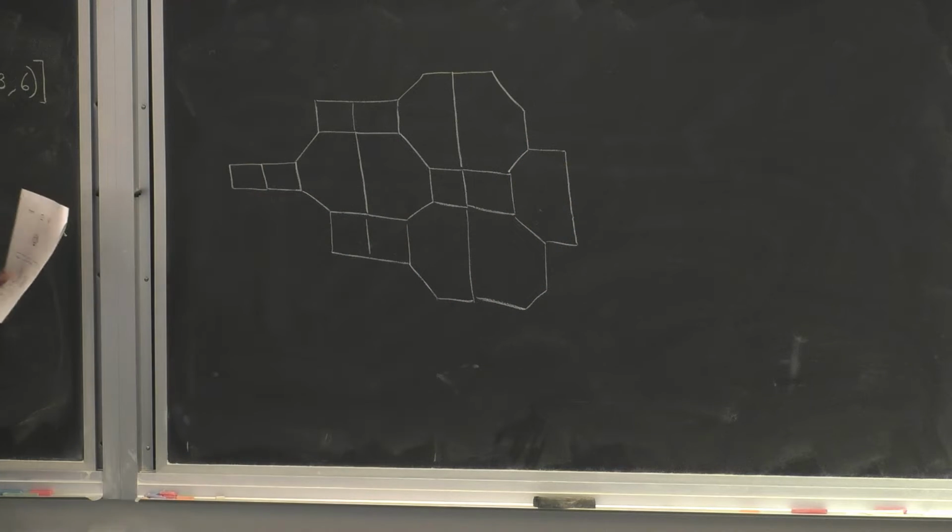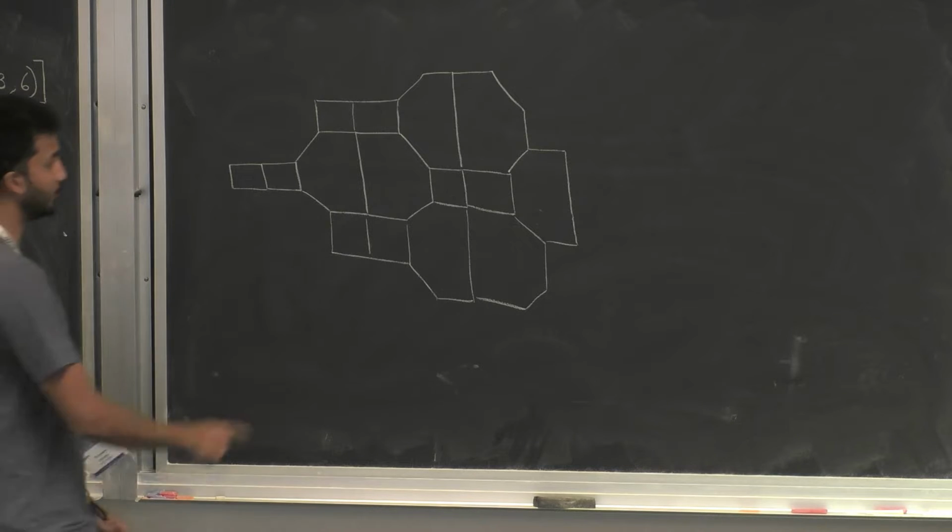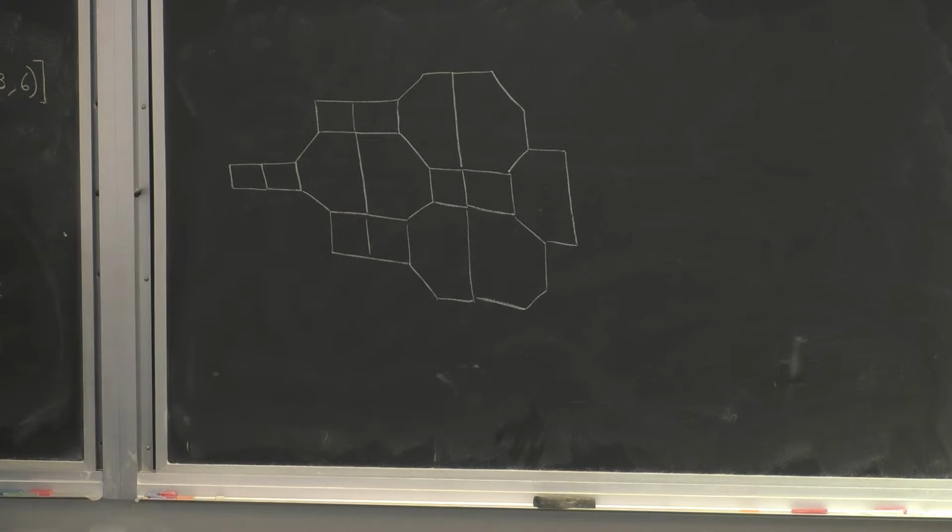So this is an infinite bipartite graph which lives on the plane, and it's periodic in both directions. So this is an infinite biperiodic graph.